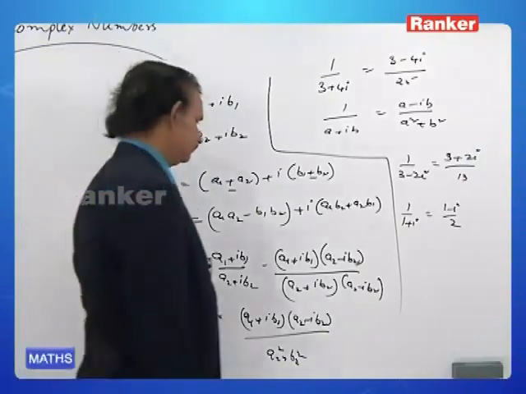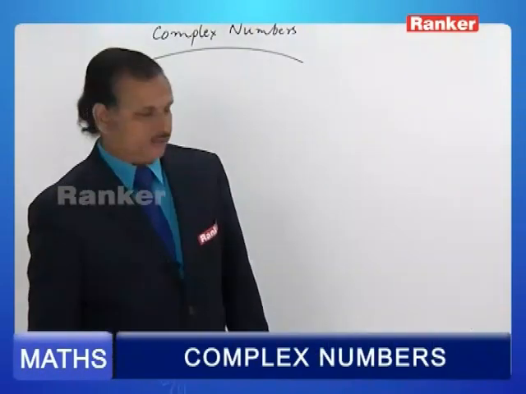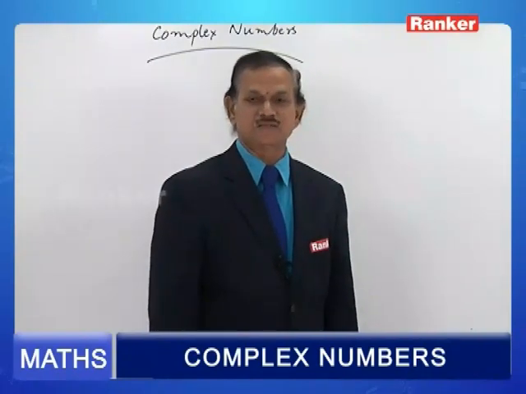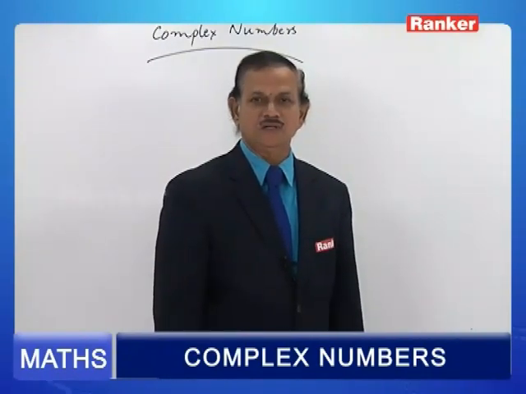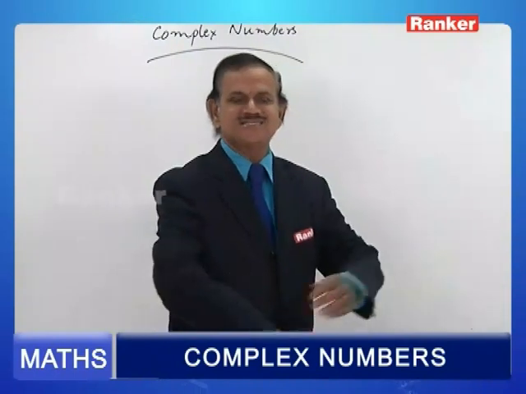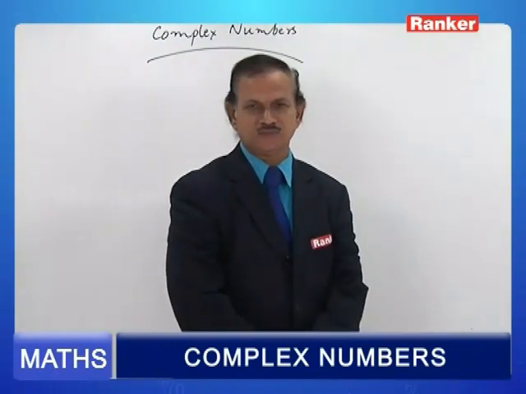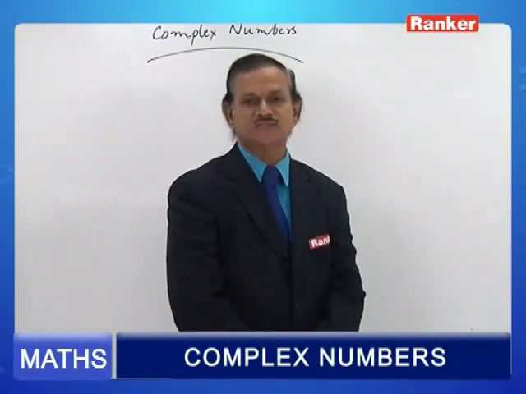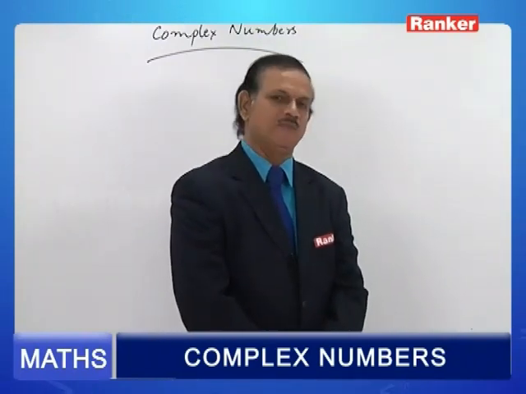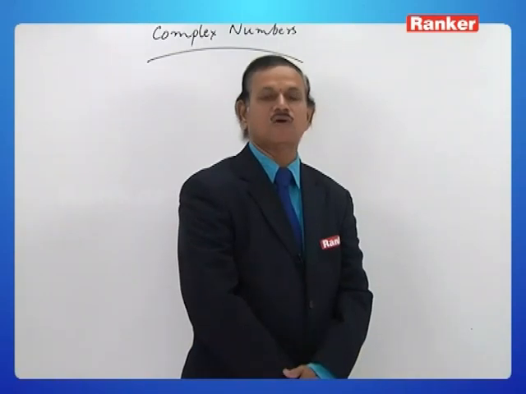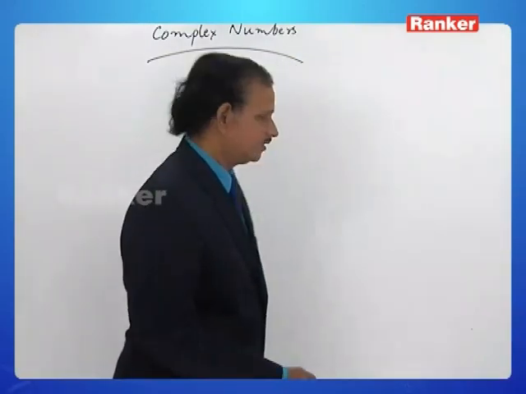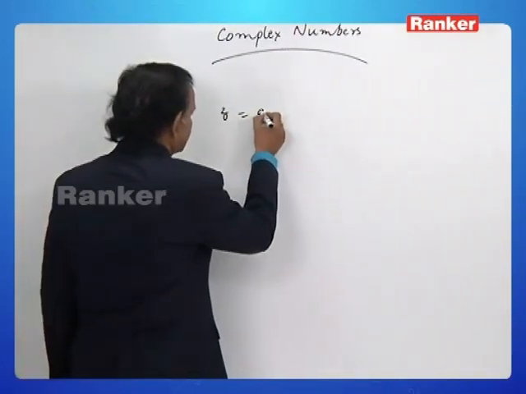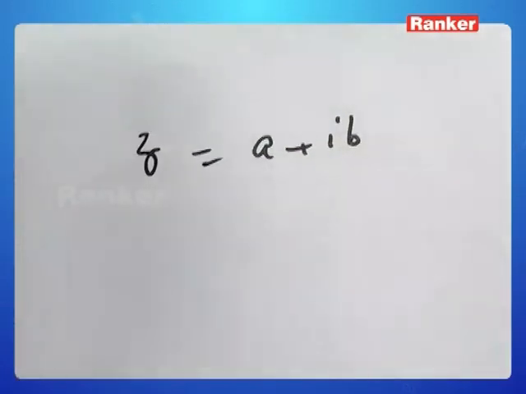Next one, the geometric applications of complex numbers play a vital role in the study of complex numbers. Yes, it is of great importance. Let us start from the beginning about the so-called geometrical applications. Suppose z is equal to a plus ib is a complex number with us.